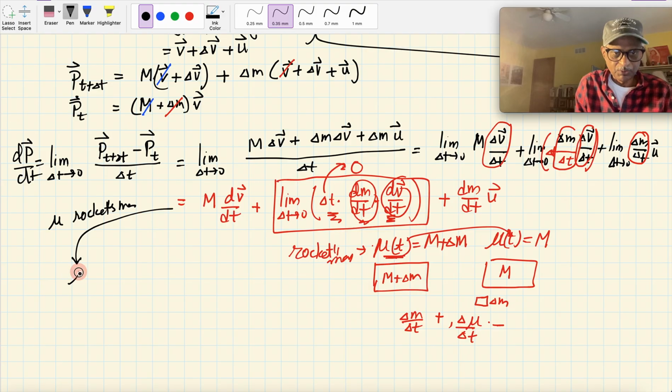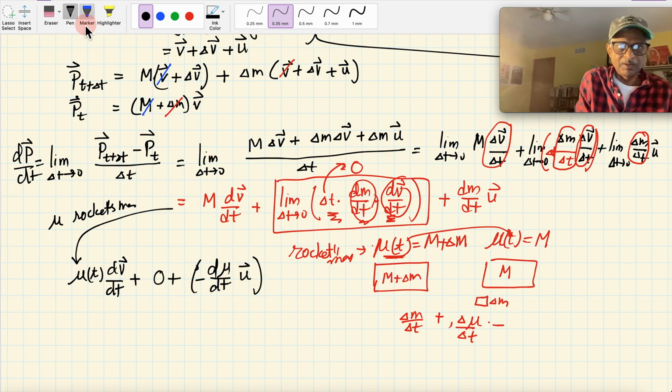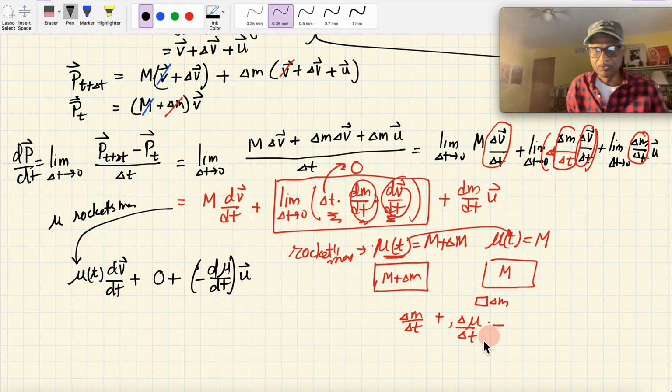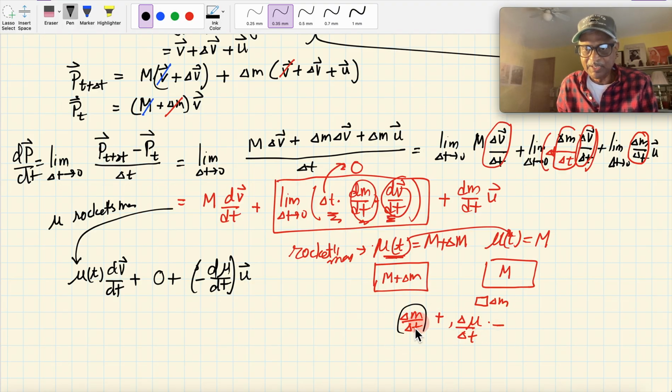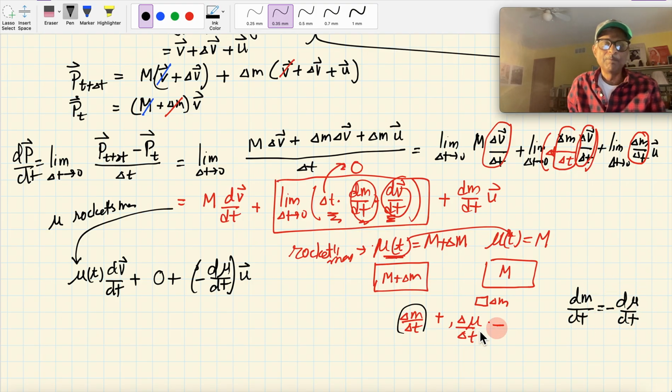Then this is just mu of t dv/dt, and this is 0, and this is going to be minus d mu/dt times u. So if this is positive, then this is negative, but they're equal to each other in magnitude. So the relationship is dm/dt is the same as minus d mu/dt.